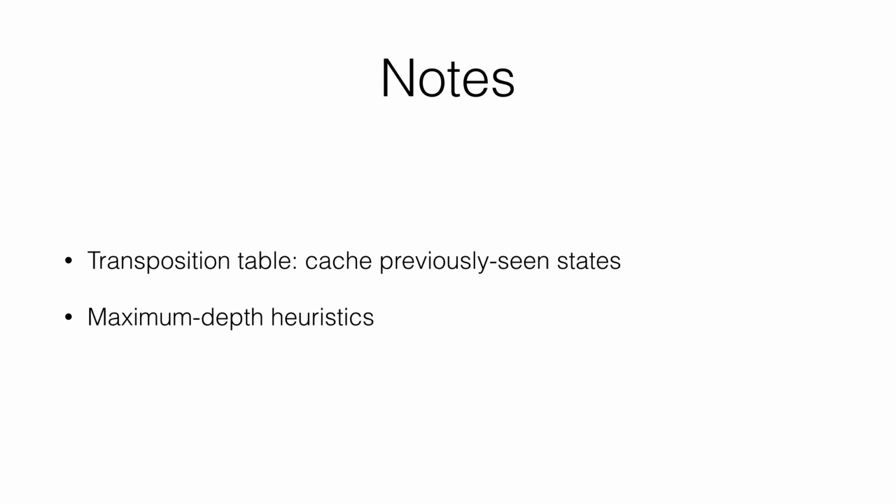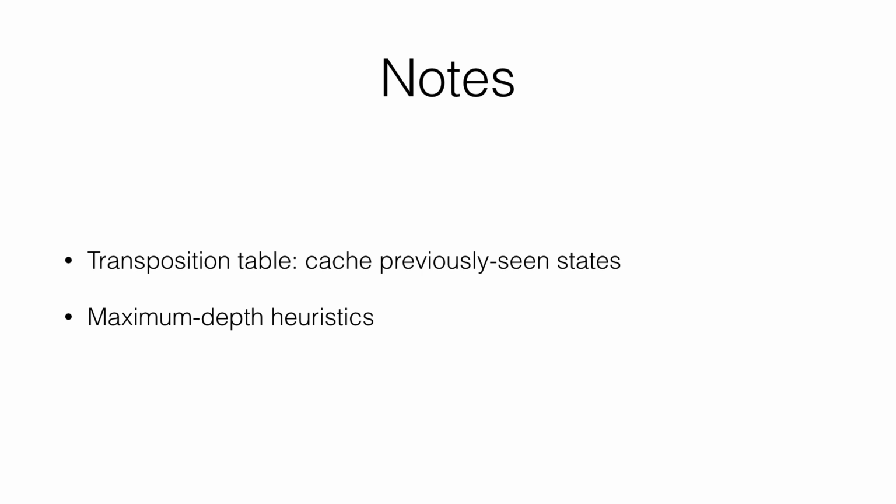So when we think about doing a search to find a terminal state, there's going to be paths that go on infinitely, assuming you don't have a draw rule, like in chess. And so, having a cache can prevent you from recomputing the minimax value for a state you've already seen before.